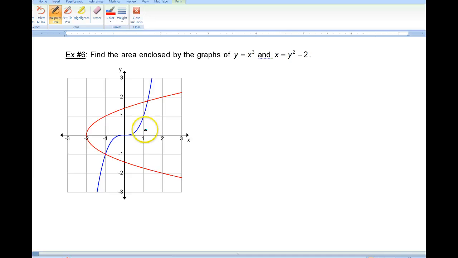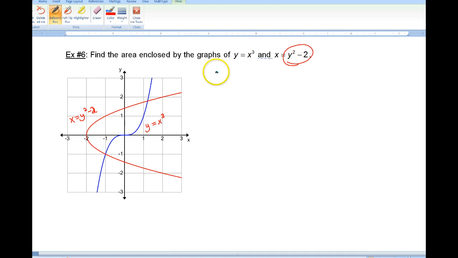Which one is the right-hand curve? X to the third. So y equals x to the third, and then x equals y squared minus 2. It's kind of nice that this one's already solved for x. Remember, when you're using right minus left, you want to have x equals.